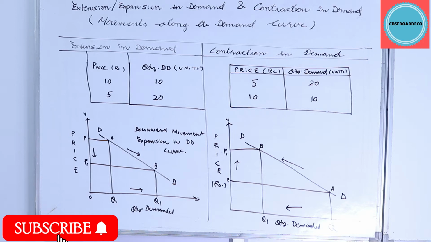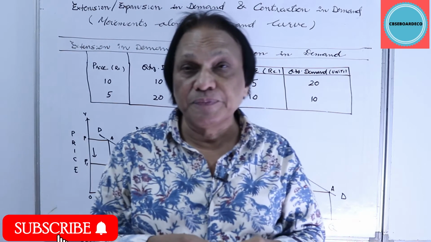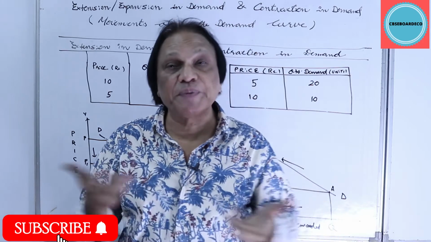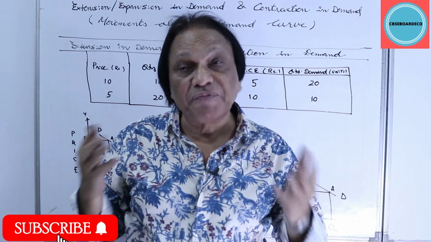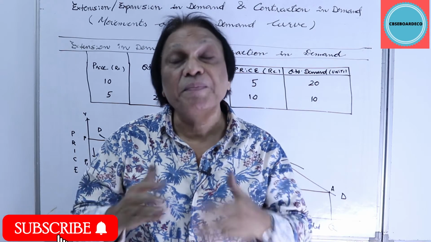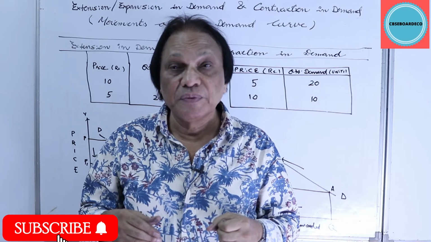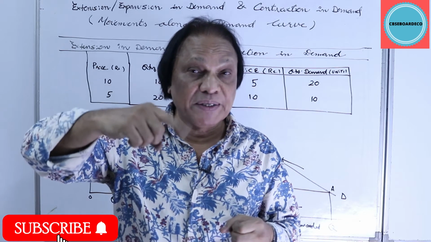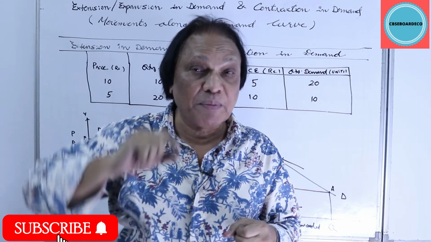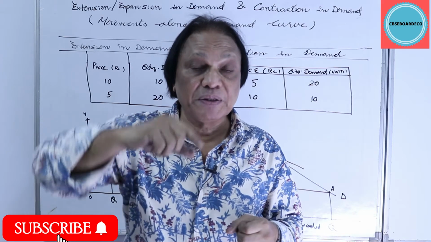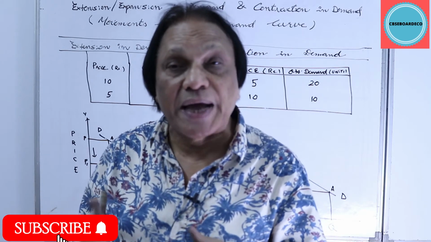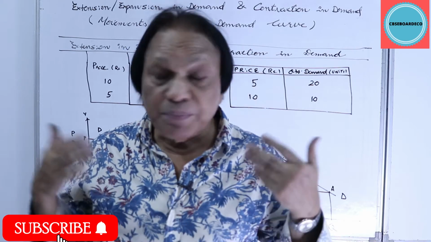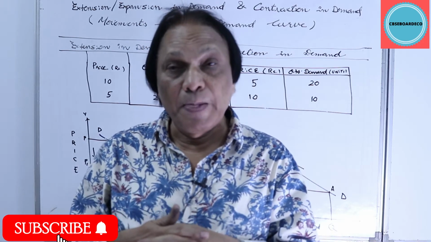Let's see what exactly is extension and contraction in demand. You've seen it. Now I'll explain in detail. Demand for a commodity is affected because of many factors. We discussed it earlier. So it can be price of the commodity, it can be income of the consumer, it can be the prices of related goods, it can be changes in taste, preferences and habits of the consumer, it can be many other host of factors.